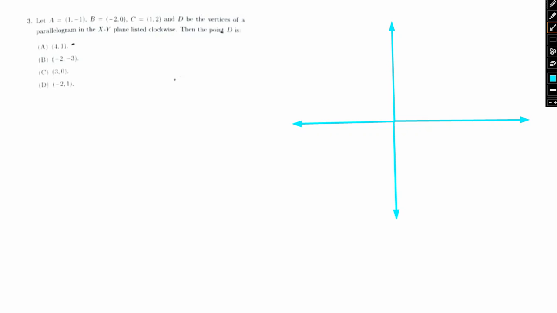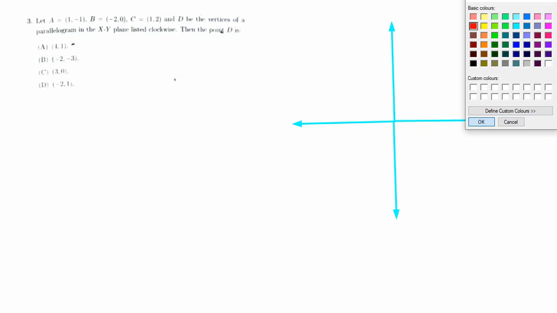Okay, so this is what we have here. So let me just mark the points in this.